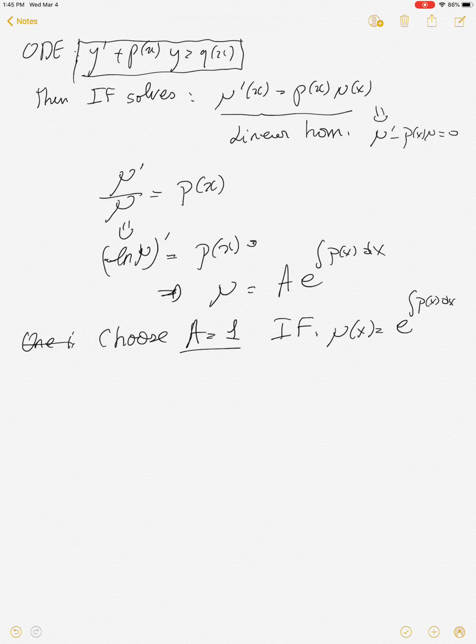I stress the fact that this is one of the integrating factors. You can multiply the ODE by 2 times e to the integral of p(x) dx, but I just choose a to be equal to 1. So this is generally the method. Having a linear ODE of order 1, I multiply by the integrating factor, and I expect the left-hand side to become a total derivative. So let's do now a couple of examples.